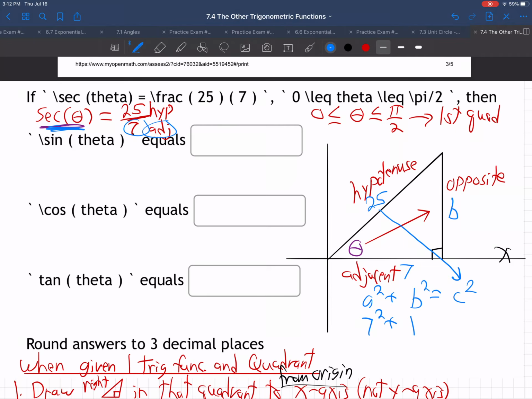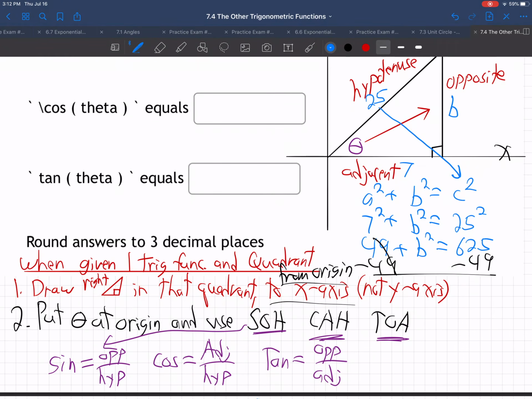So 7 squared plus b squared is 25 squared, so that's 49, plus b squared is 625. Subtract 49 from both sides, and we get b squared equals 576, I'm thinking? Yeah, and then we root both sides. And that's 24. B is a nice clean 24.